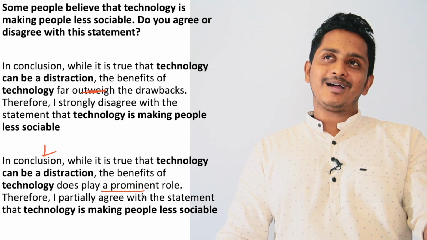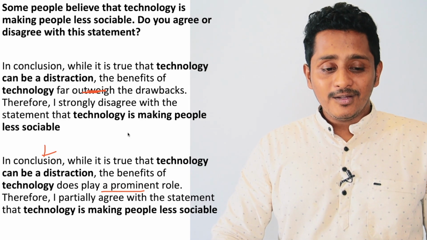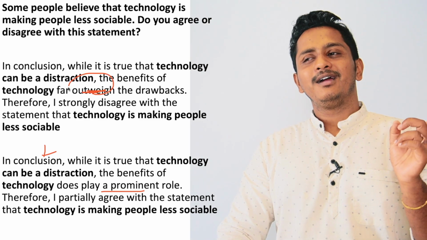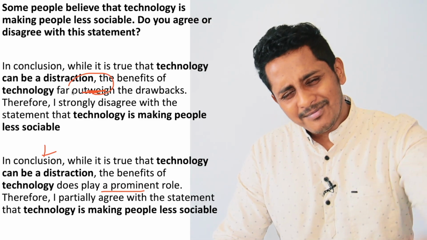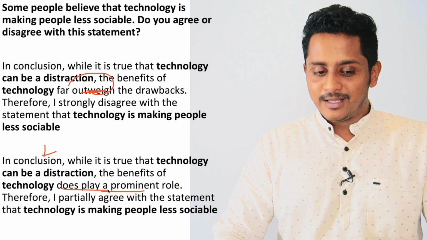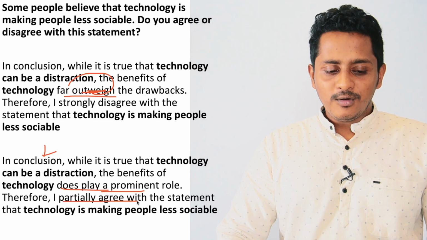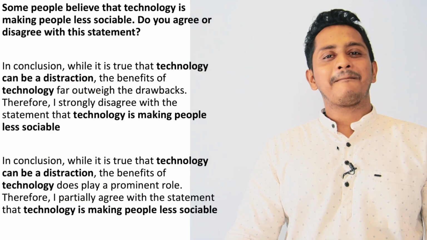Now you can say, I know there are benefits, there are drawbacks, so I partially agree. Here you are saying outweigh the drawbacks, so I agree that it is not making people less sociable. Hope you are getting it. It is the same structure, just "this does play a prominent role" instead of "far outweigh the drawbacks." A little bit of tweaking: therefore I partially agree with the statement that technology is making people less sociable.